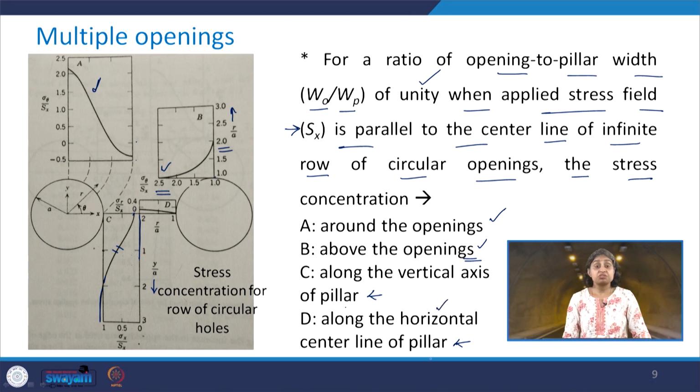D is the stress concentration along the horizontal center line of the pillar, which you can see is starting from R by A equal to 1 and going up to 2, and the variation of sigma R upon Sy, which is on this axis, has been shown by this particular plot. So this is between 0 and 0.4.